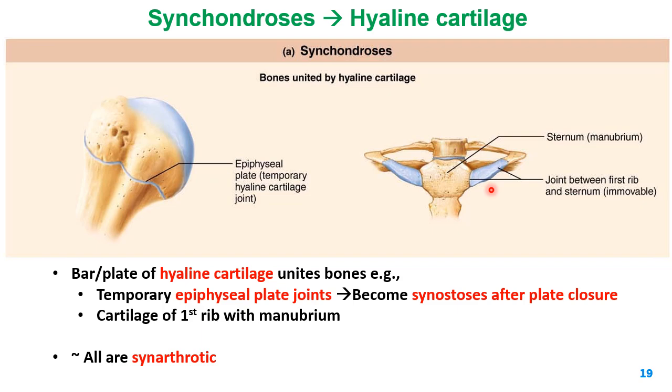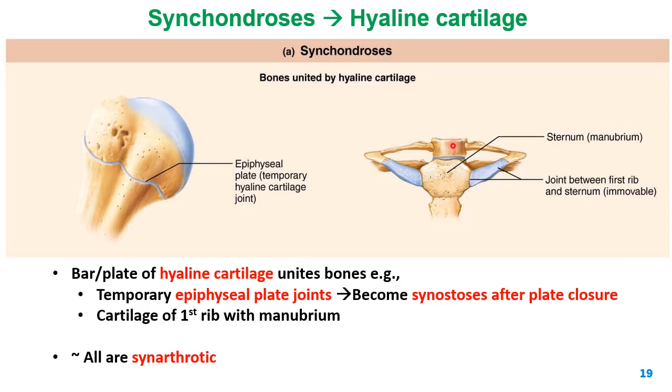You're going to find it in everyone. You're going to find it between your sternum and what is this bone over here? Which one is this bone over here? That's your first rib, right?